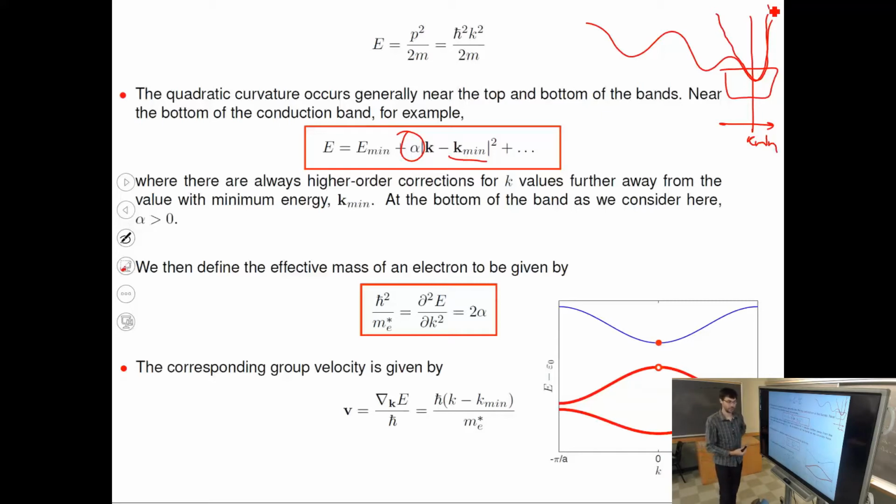Right? This is just twice alpha. So whatever the band shape is in K, the curvature of the band, the second order in curvature, what's it called in English? Is that just a curvature? Yeah, it's just a curvature. So it's just related to the effective mass.